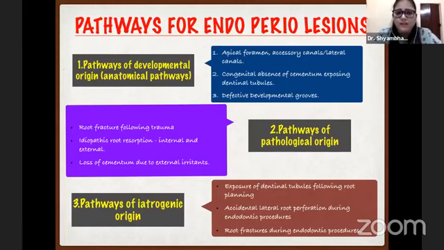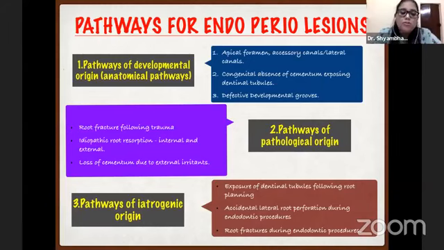Whenever a root fracture occurs due to trauma, there will be opening up of the tooth structure to the periodontium. It can be because of idiopathic root resorption, that is internal root resorption or external root resorption, both of which can denude the tooth structure, and because of which a communication will be established between the pulp chamber and the underlying or overlying periodontium, or because of loss of cementum due to external irritants.